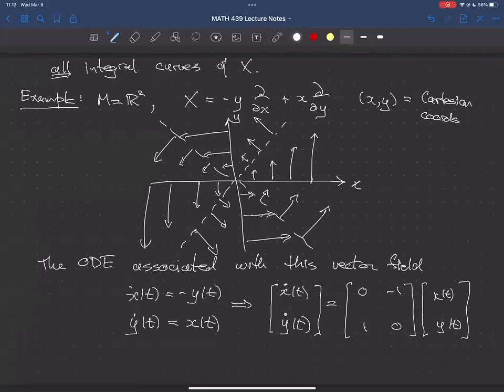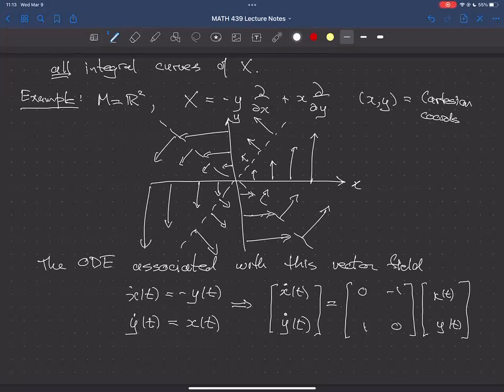Who knows the solution of that differential equation? It's one of the standard ones. That's right, it involves sines and cosines. Exactly. Good. Let me back off from that. How did you find that solution?